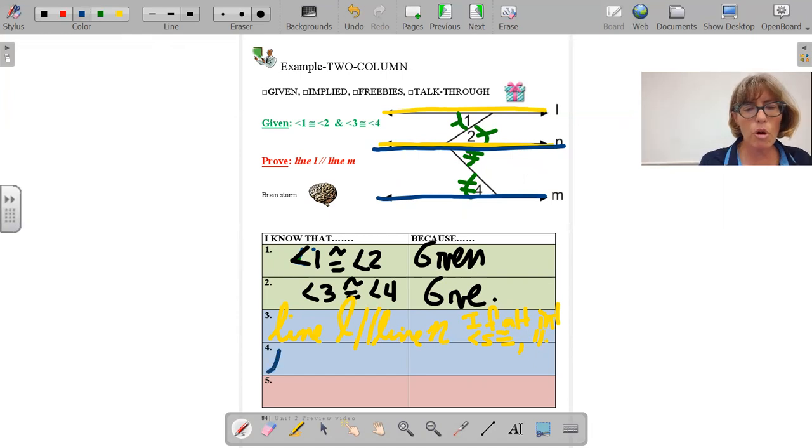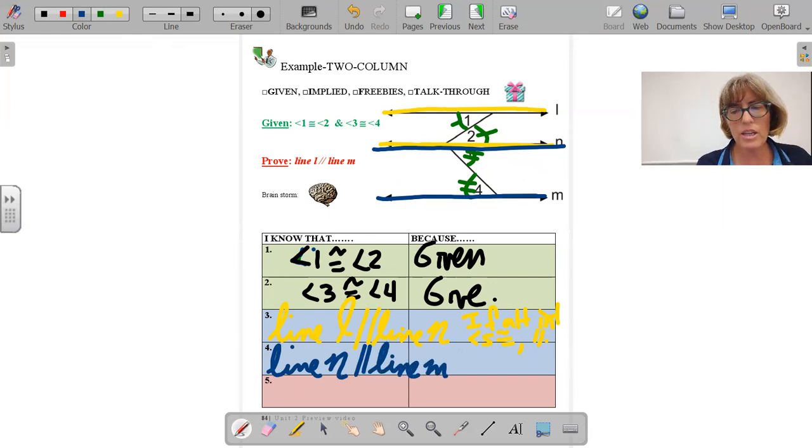Because of 3 and 4, I know that line N is parallel to line M. And the reason is, if alternate interior angles congruent, then I have parallel lines.